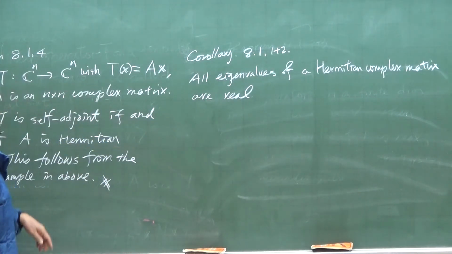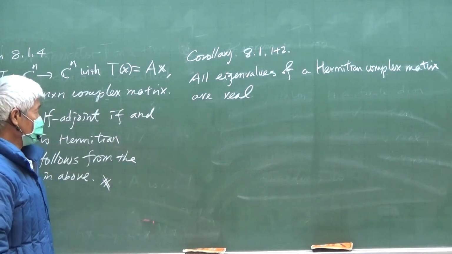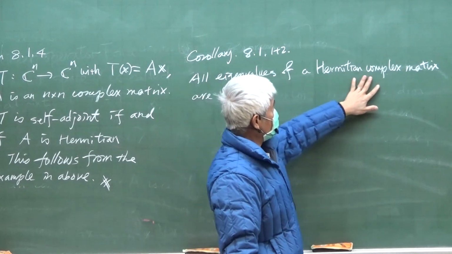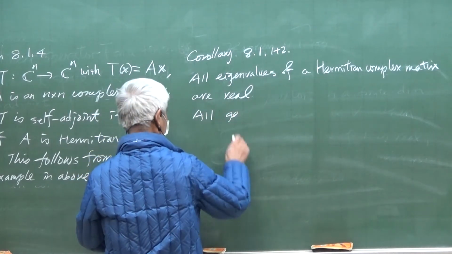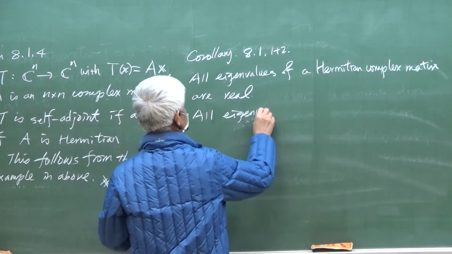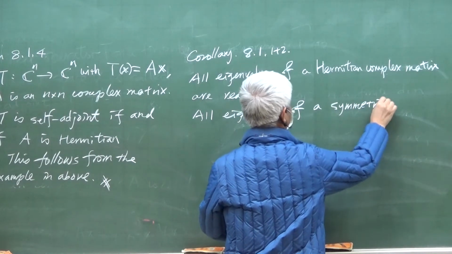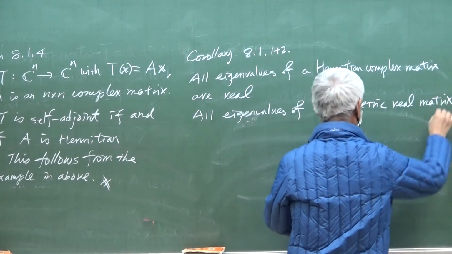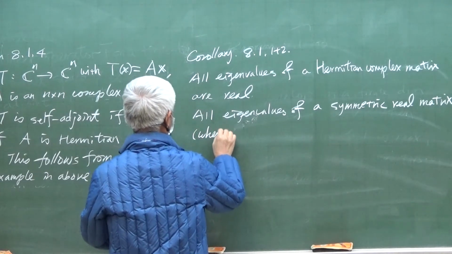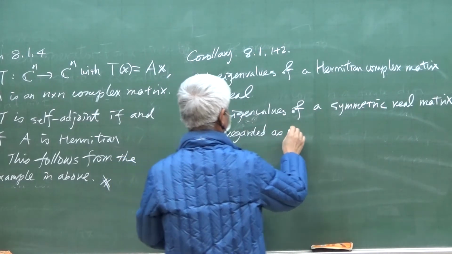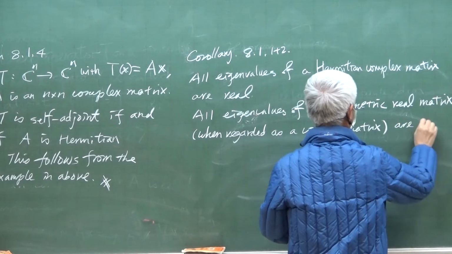And we know the eigenvalues of T equal the eigenvalues of A. We discussed that before in chapter 6. So for a Hermitian complex matrix, all its eigenvalues are real. And similarly, all eigenvalues of a symmetric real matrix, when regarded as a complex matrix, are also real.